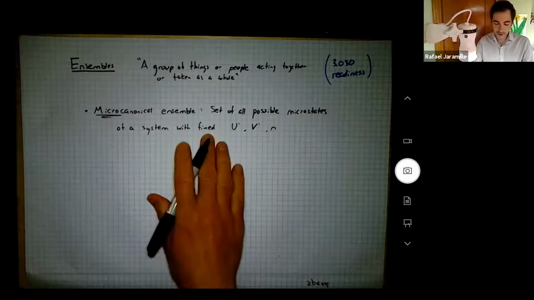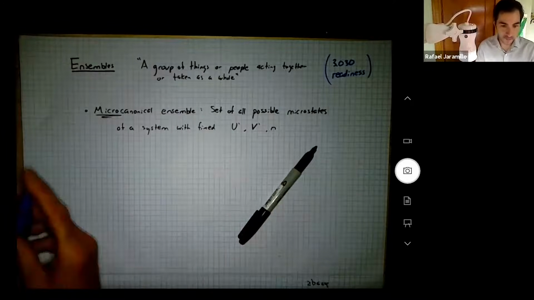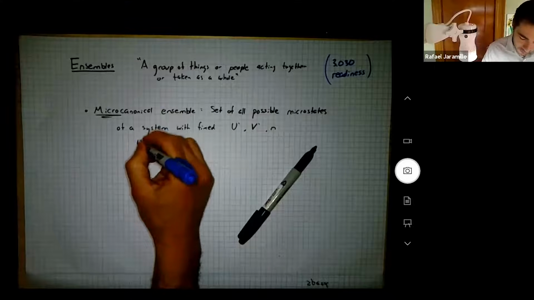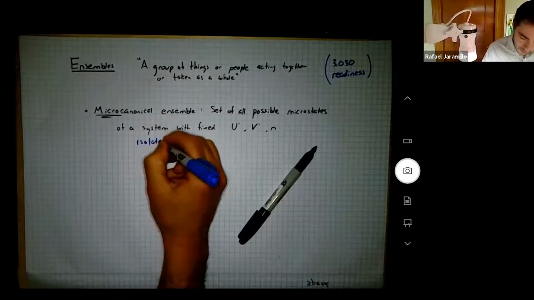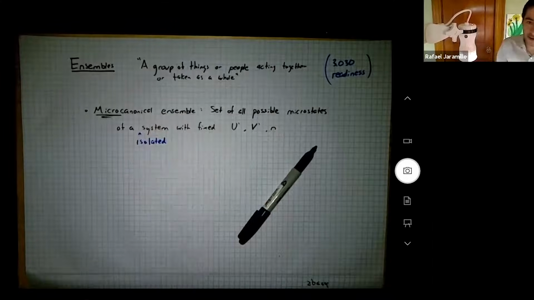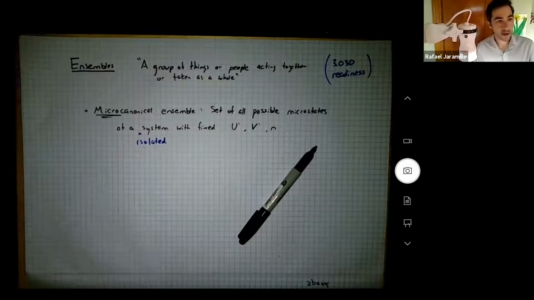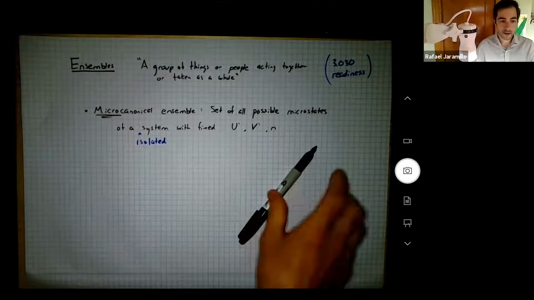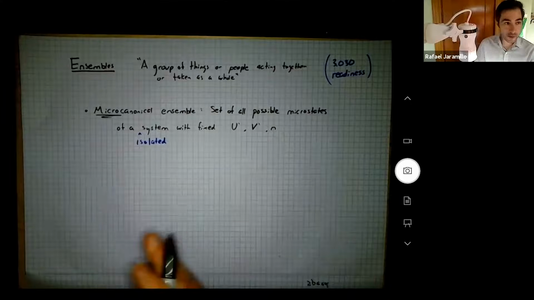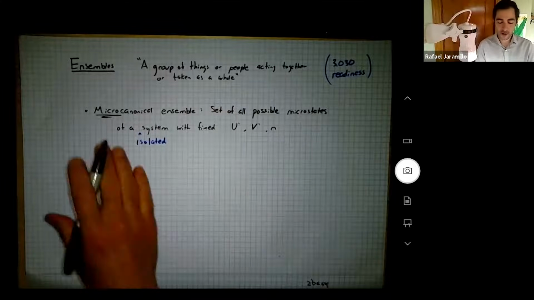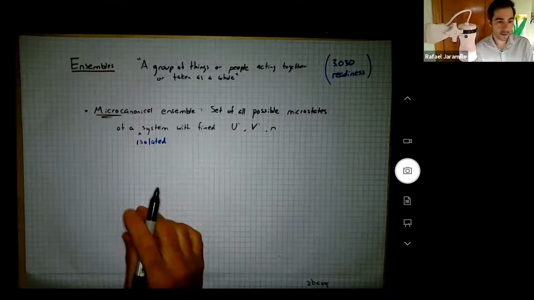Right, so a system with fixed energy, volume, and particle number, that's an isolated system. For an isolated system, equilibrium is the state of max entropy. That's what we were just analyzing. All right, so this thing which we've been doing for the last 2.5 lectures, this is called the microcanonical ensemble. Just gave a name to it.